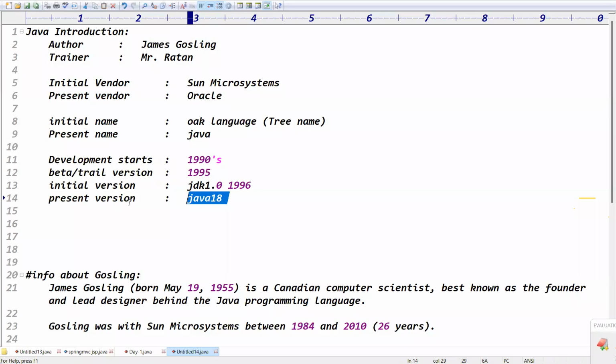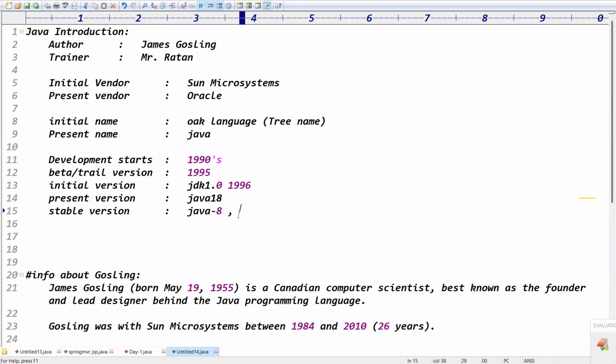But do you think those are the real-time versions you use to build applications? In real time, which version do we use to build applications? That is Java 1.8. Believe it or not, in my project we are still using Java 8.